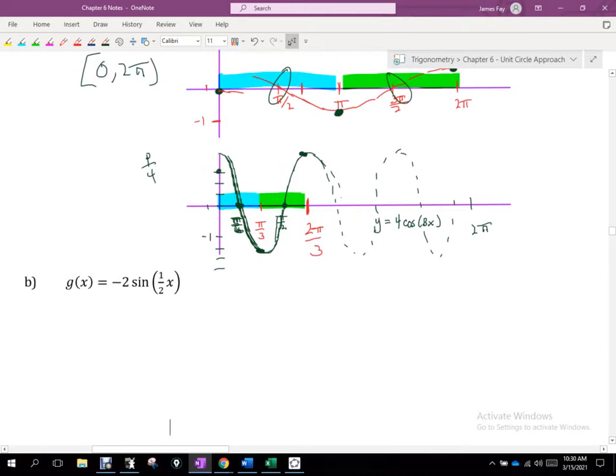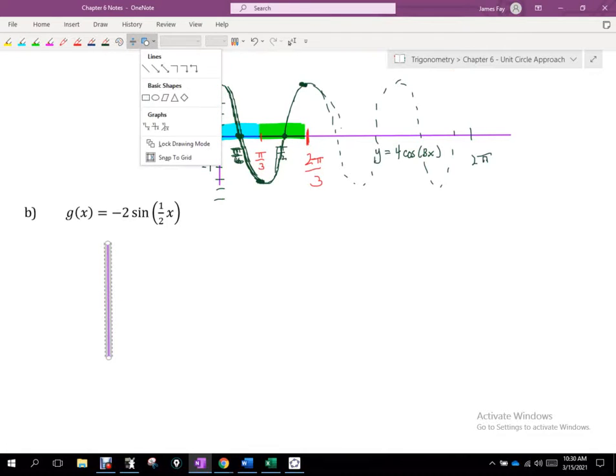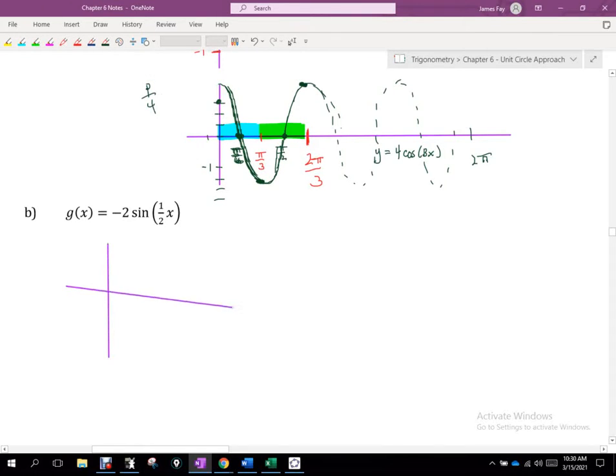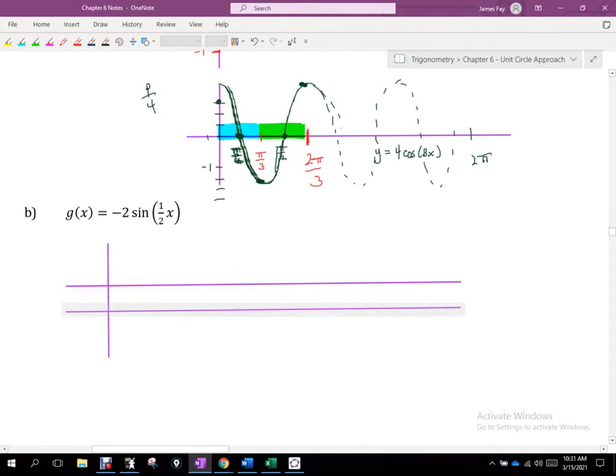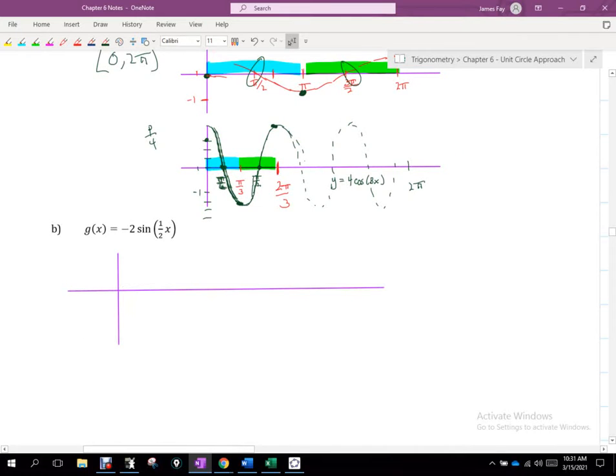So let's see if we can produce that function. It is the sine function this time, so be aware of that. This thing's frustrating.